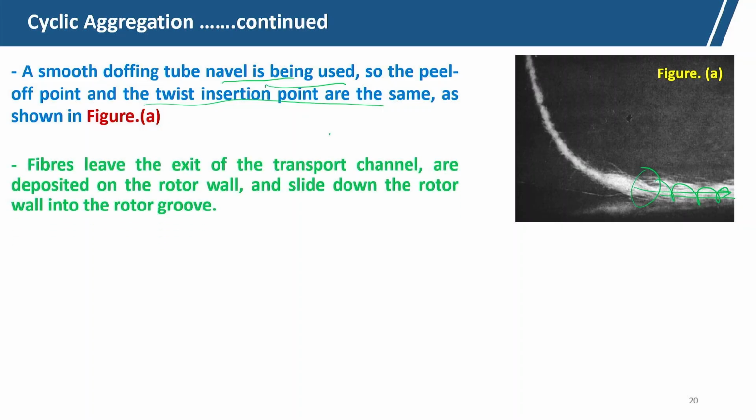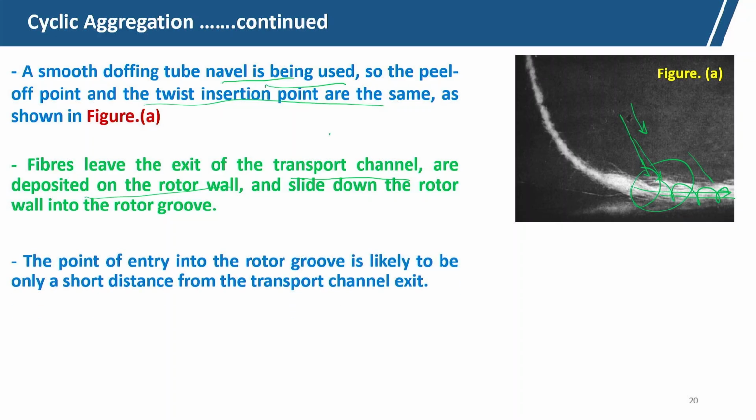Fibers leave the exit of the transport channel and are deposited on the rotor wall, and then slide down to the rotor groove. From the rotor wall, the fibers are sliding down onto the rotor groove. The point of entry into the rotor groove is likely to be only a short distance from the transport channel exit.